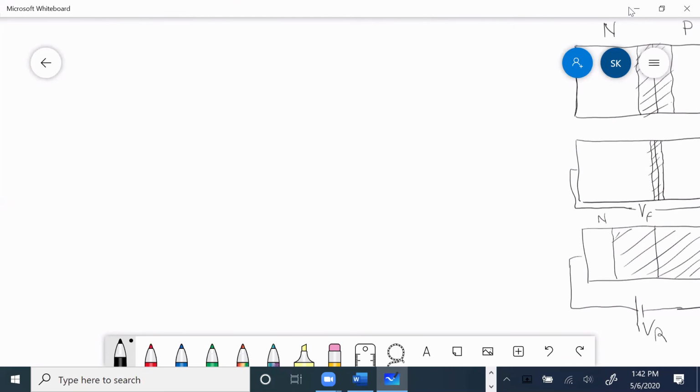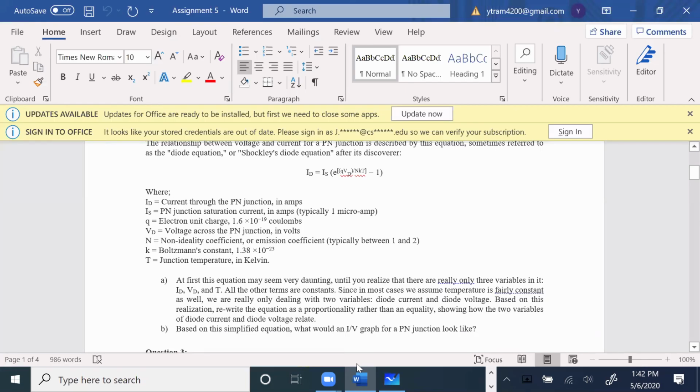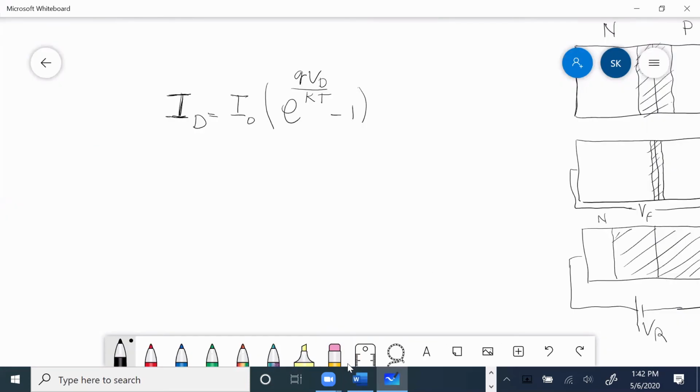What he's saying is just telling you that I_D is equal to I_0 e to the qV_D over kT, minus 1. Might have a constant term before, or nkT.